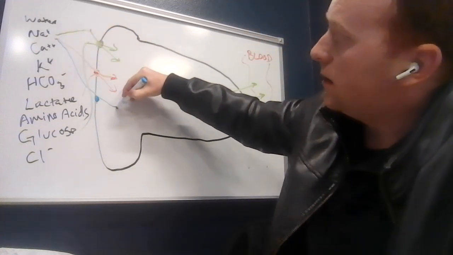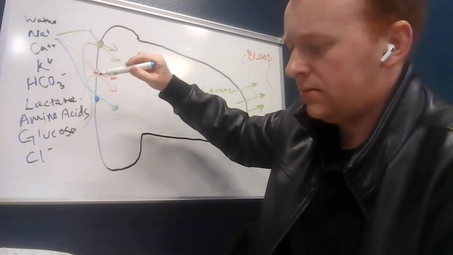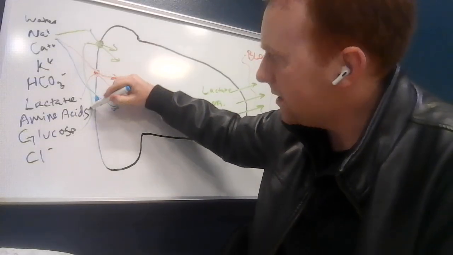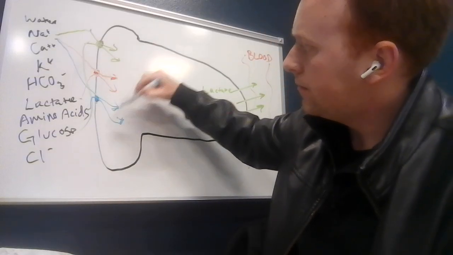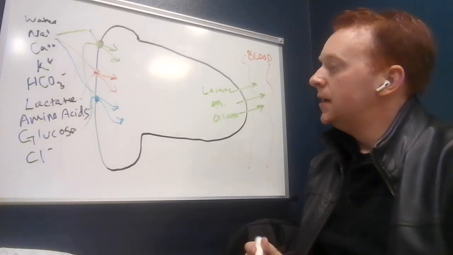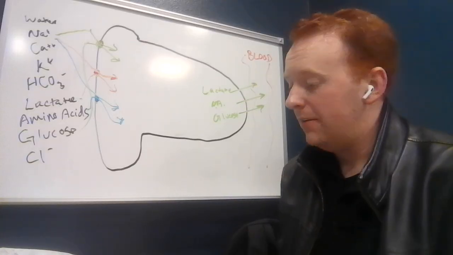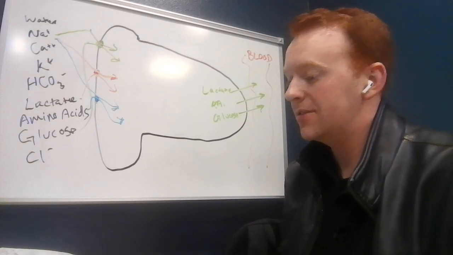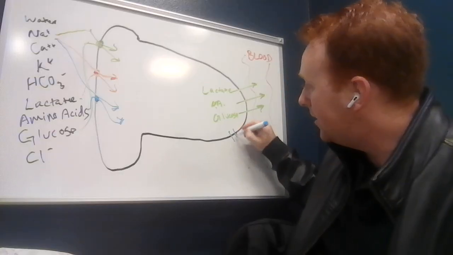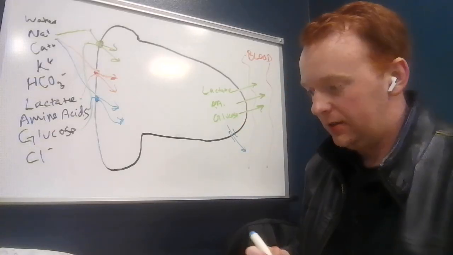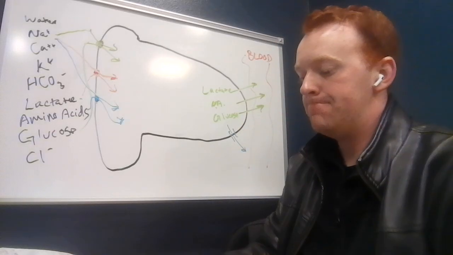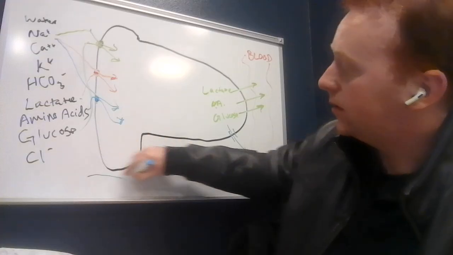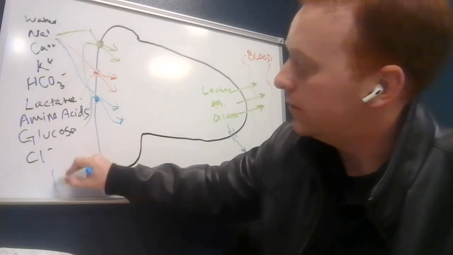Sodium and amino acids, not lactate. Okay. And all the rest of the ions just kind of move through. There's a glucose channel down here that moves glucose out a little bit quicker. And then water moves through consistently. So this is H2O.